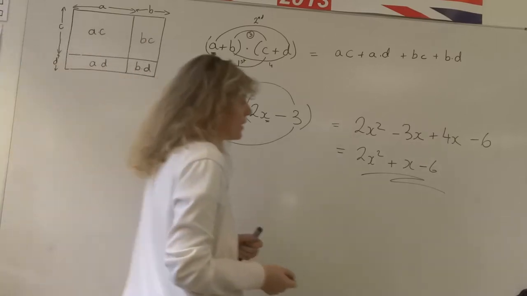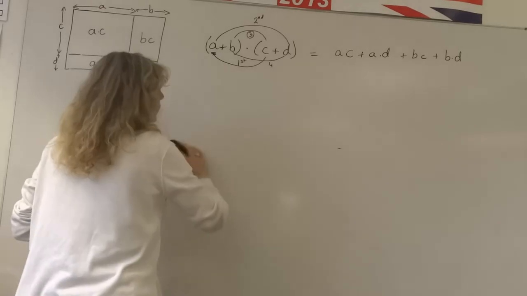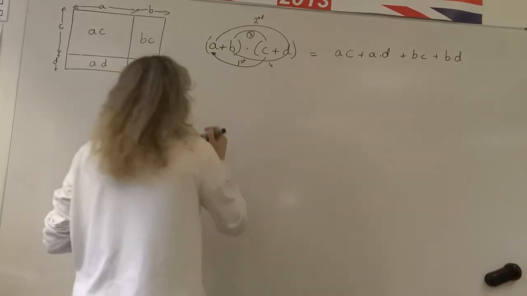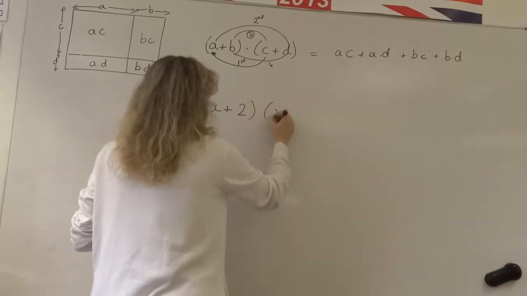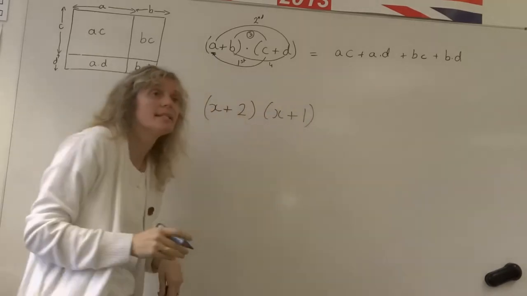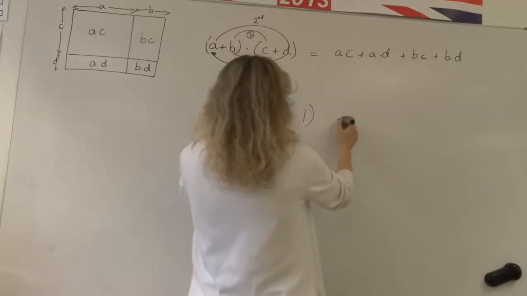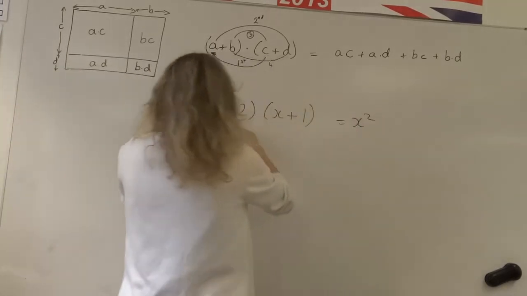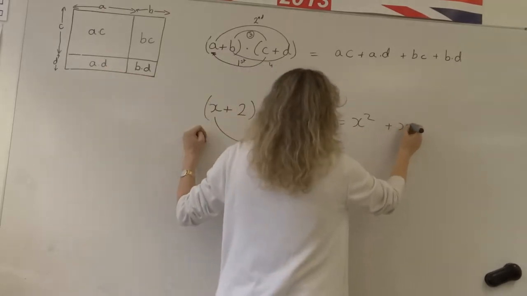Let's take another couple and see how it goes. If we have x plus 2 and x plus 1, this is nice and easy because there's only positive numbers here. X times x is x squared. Outside 2, x times plus 1 is just x.